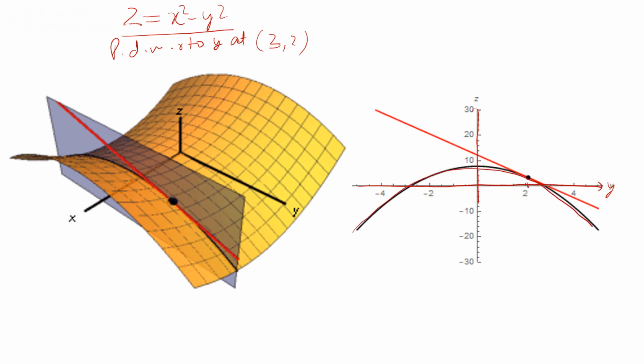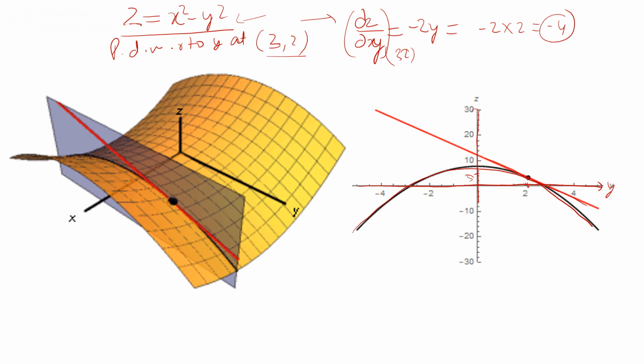We are taking the point 2 and suppose here somewhere is 3. A tangent passing through that point is the partial derivative of that function with respect to y at that particular point. The partial derivative of z with respect to y is minus 2y, and at the point (3, 2) we get minus 2 into 2, that is minus 4.